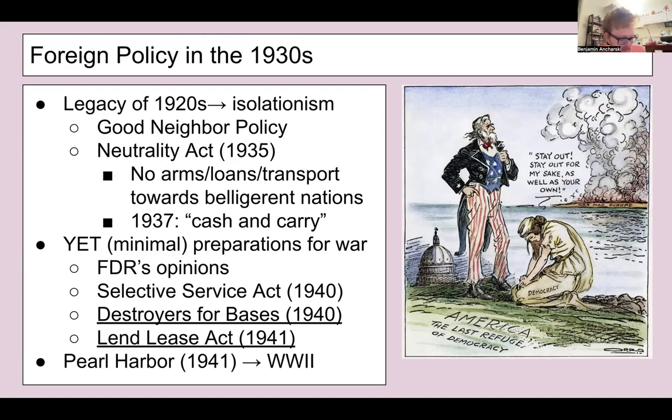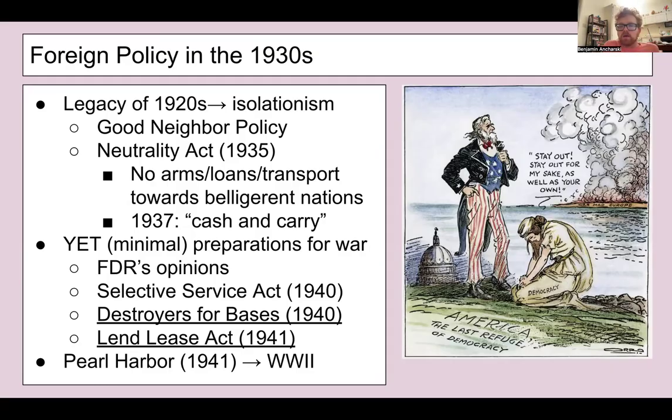Now, the Neutrality Act is going to be amended slightly in 1937 with the so-called cash and carry provision, in which countries at war are allowed to buy American goods if they pay in cash, so no loans. We don't want to become entangled in the economic affairs of Europe, but also they got to carry it and transport it themselves, basically. They got to buy it here, they got to bring it back to Europe or wherever the heck.